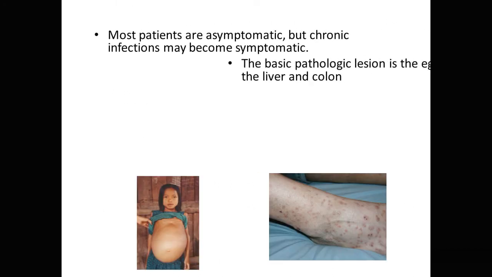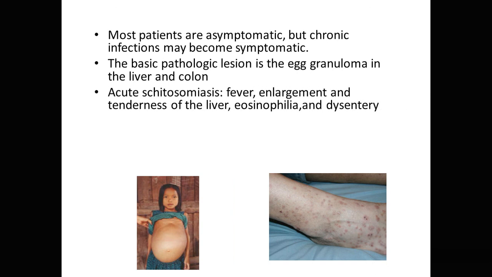It can lead to quite serious disorders. Many patients are asymptomatic, but long infections, chronic infections, can lead to symptoms. And parasitic eggs can get stuck in small blood vessels of the liver or urinary bladder, and can lead to granuloma formation.